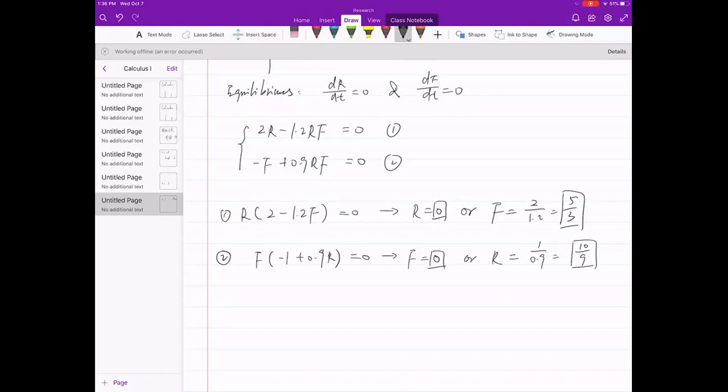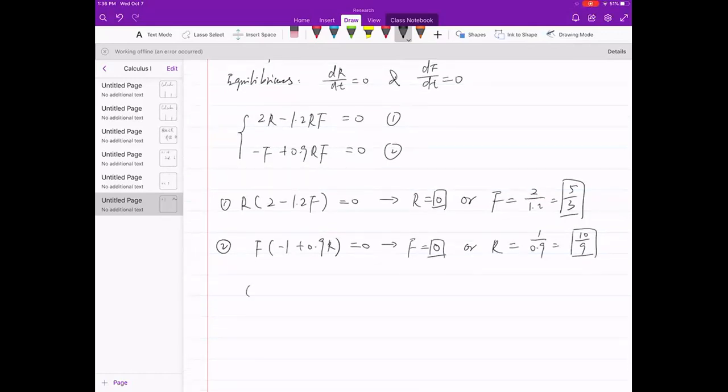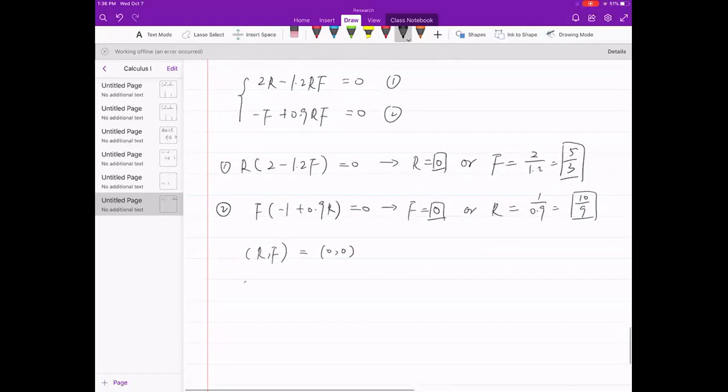Plug it in and verify. You have two possible points. r, f equals 0, 0. That's one possibility. And r, f equals 10 over 9, 5 over 3. That's the second possibility.